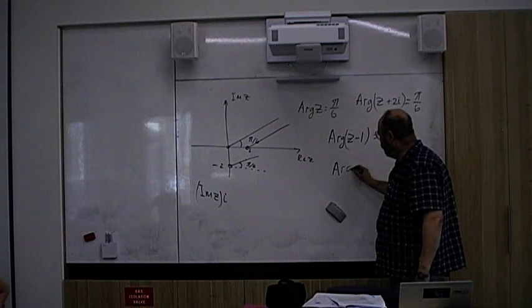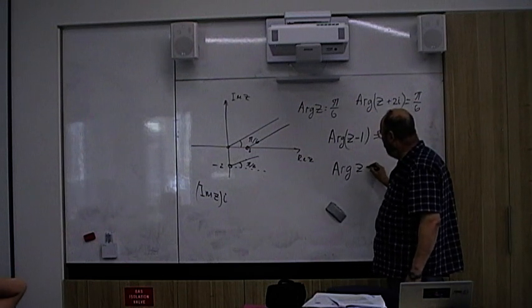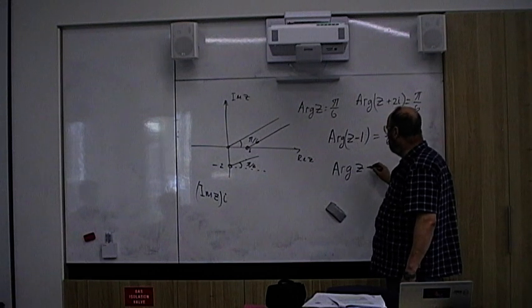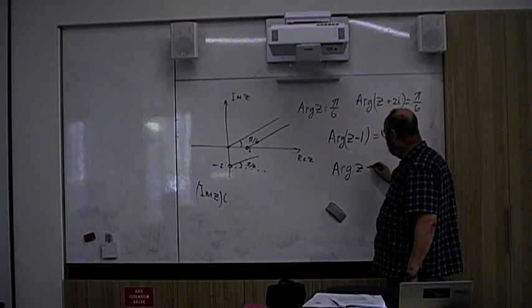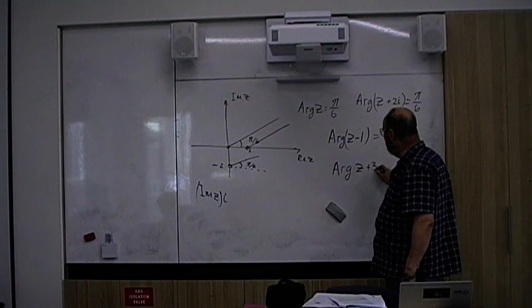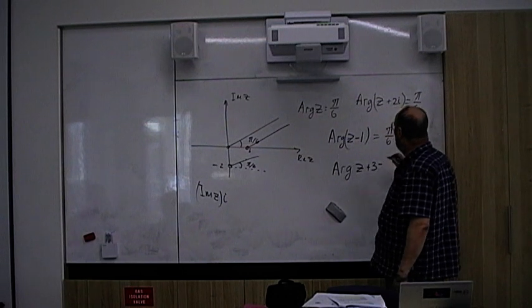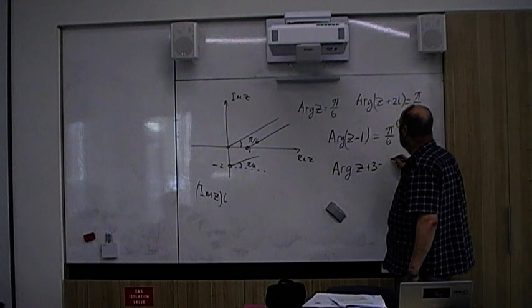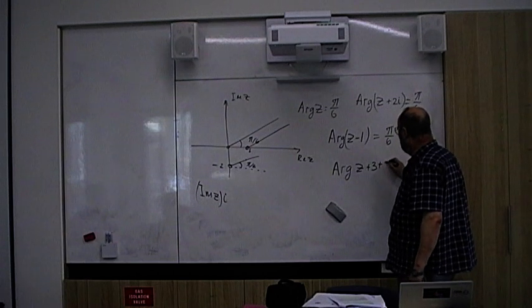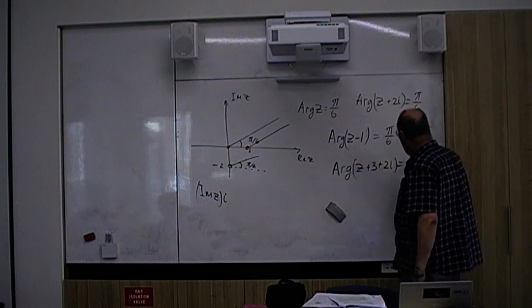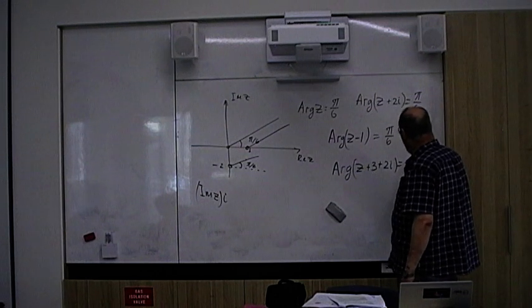Now, argument z plus 3 plus 2i equals negative pi on 3.